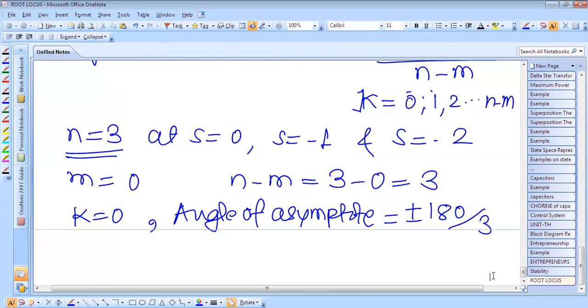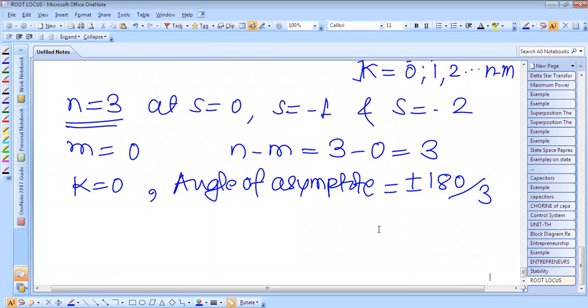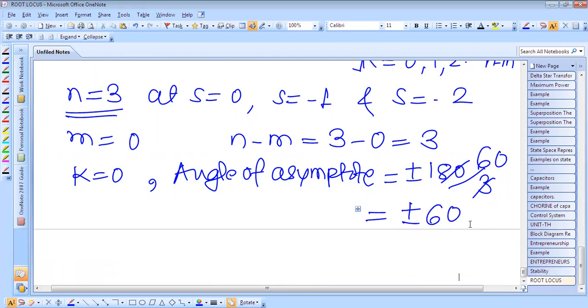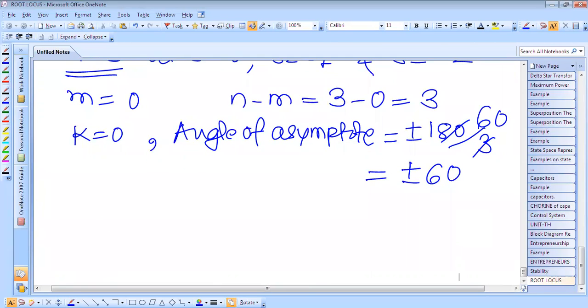So this is equal to 60 degrees. So this is plus minus 60 degrees. And one more, you can substitute here k is equal to 1.